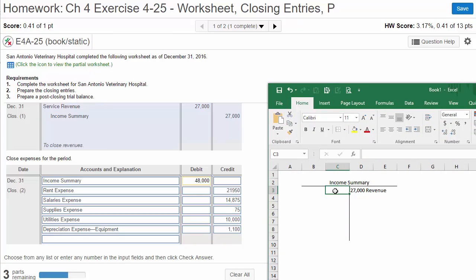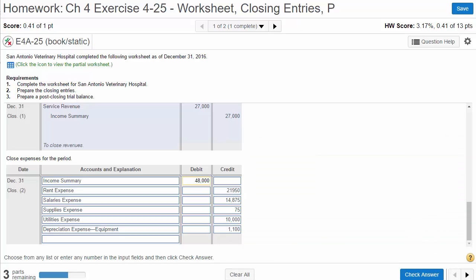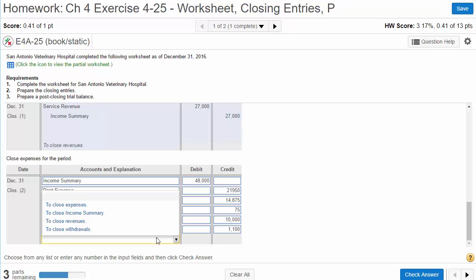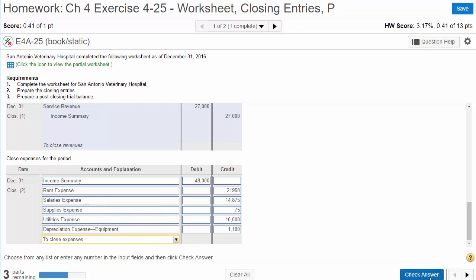I'm going to put 48,000 and then remind me that that's expenses. Okay, come back to My Accounting Lab. Oops, can't check answer yet because I have to put in the explanation. So we are closing expenses.